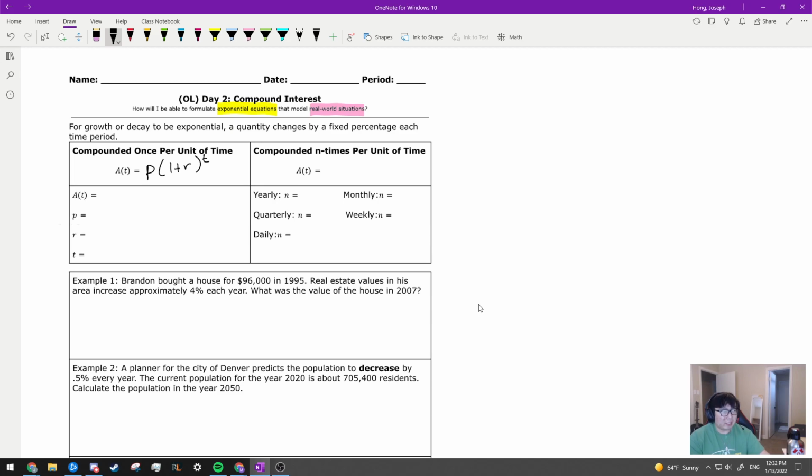So A is the amount after time. The key phrase is the amount after. P is the principal, or the amount before.